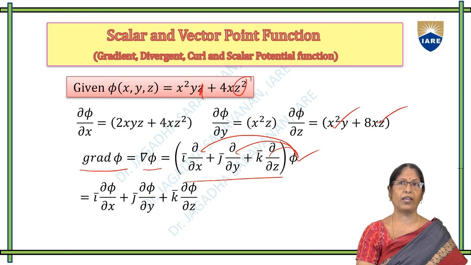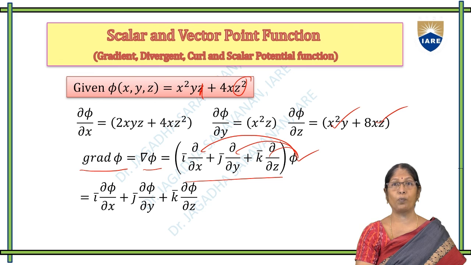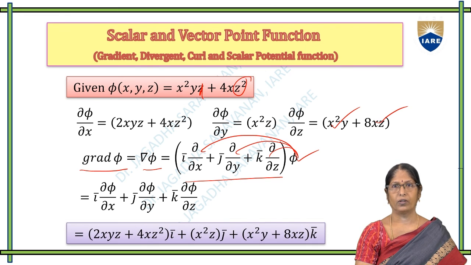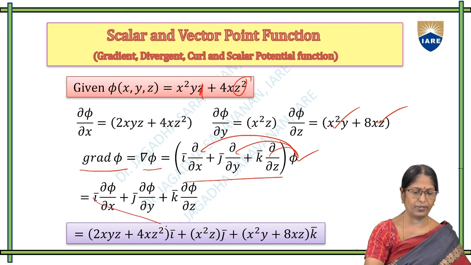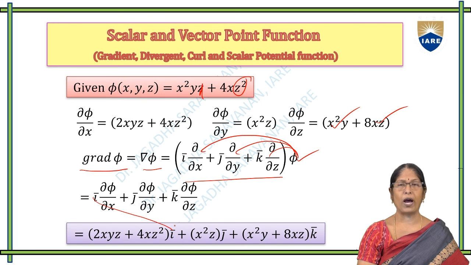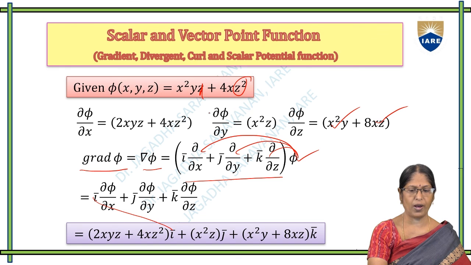After taking phi its position, it has become i into dou phi by dou x plus j into dou phi by dou y plus k into dou phi by dou z. So now here i is there, dou phi by dou x, which is replaced by the result.